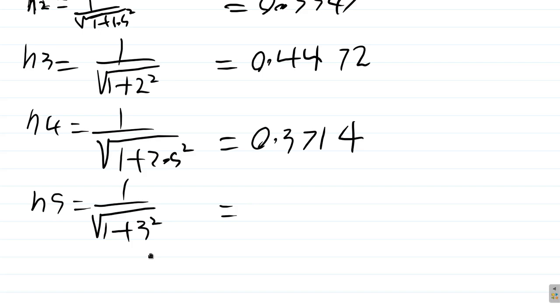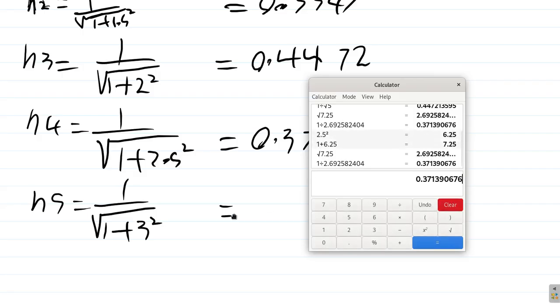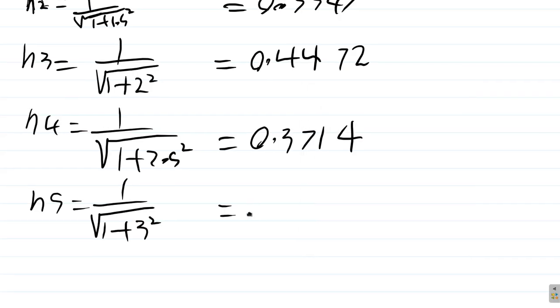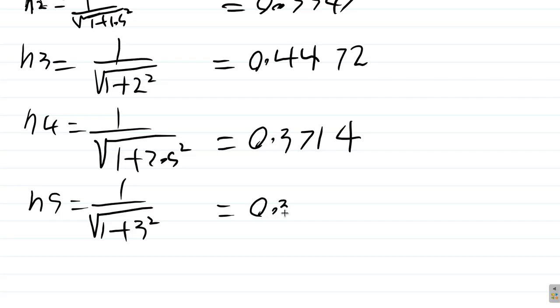So this is going to be 1 over the square root of 10. 1 over the square root of 10 equals 0.3162. All right, nice. So you see all of that, all right?